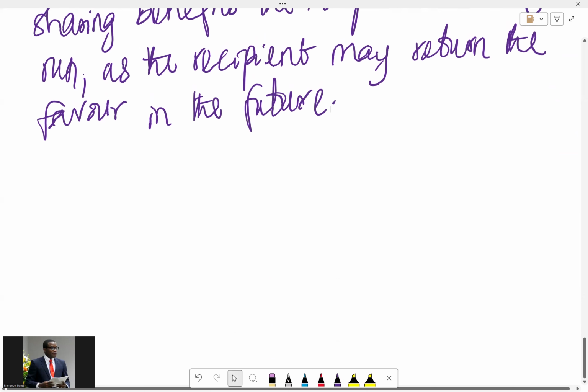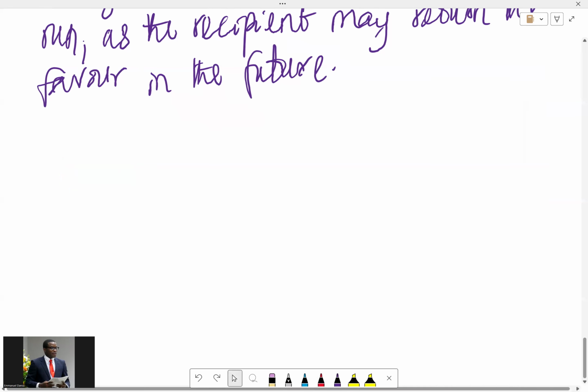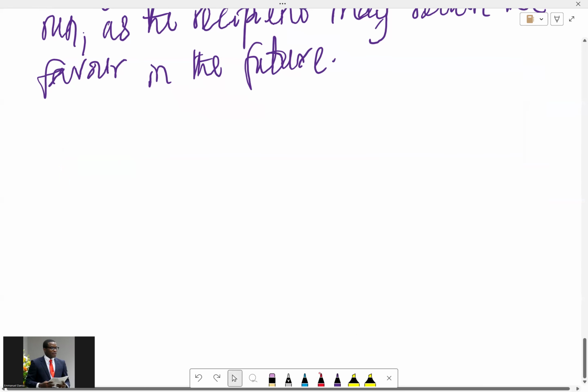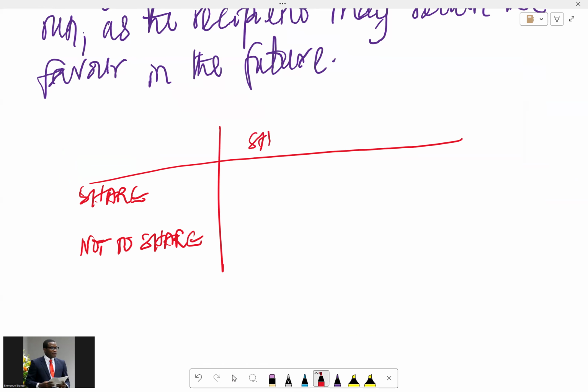So here we can have the payoff matrix for cooperation. The vampire bat has two strategies: to share and not to share.